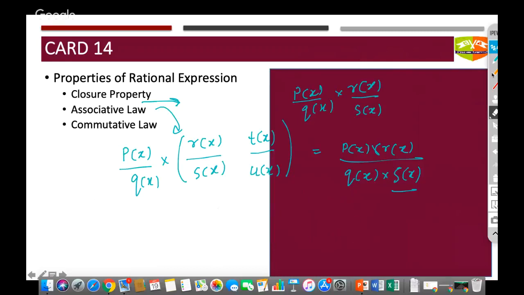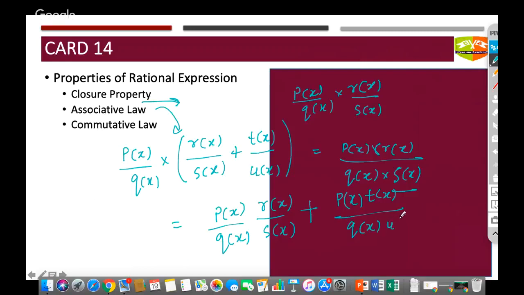So what happens over here is I will put a positive sign here, and this will turn out to be px by qx multiplied by rx into sx, plus px into tx multiplied by qx into ux. This is what you can write in case of the distributive law.